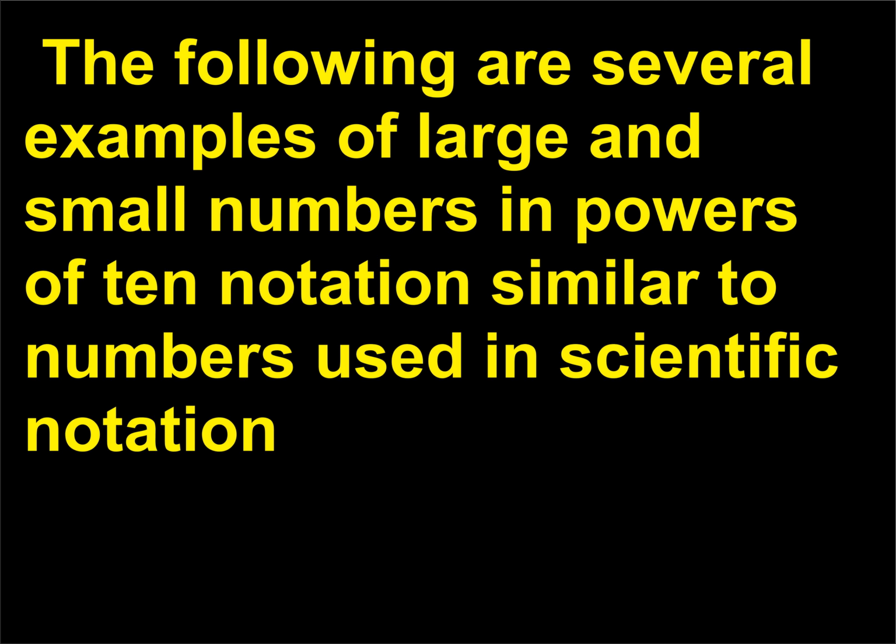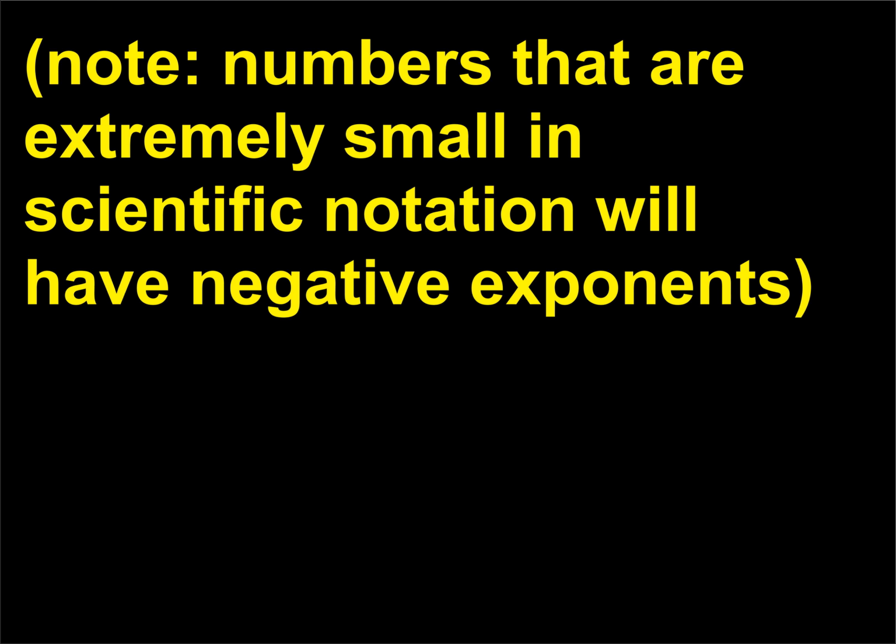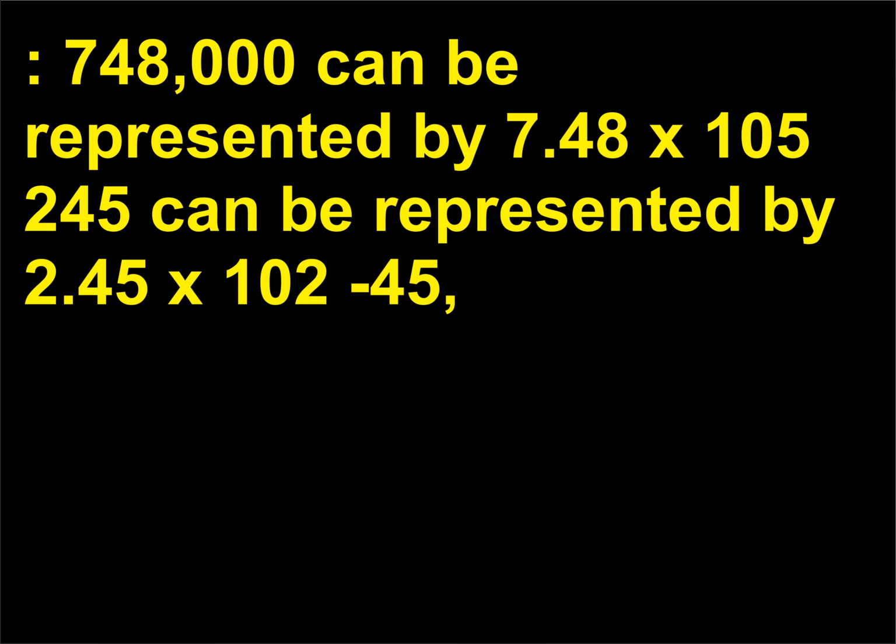The following are several examples of large and small numbers in powers of 10 notation similar to numbers used in scientific notation. Note, numbers that are extremely small in scientific notation will have negative exponents. 748,000 can be represented by 7.48 x 10^5. 245 can be represented by 2.45 x 10^2.